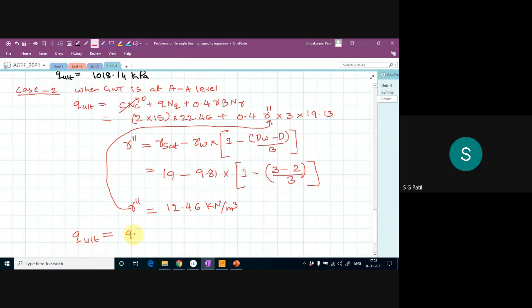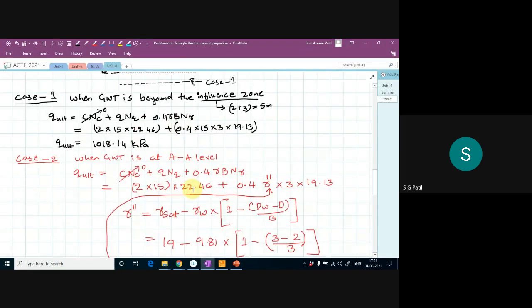Okay, very good. 959.8, which is almost equal to 960 kilonewton per meter square. So this is my case number 2. In case number 1, how much did I get?